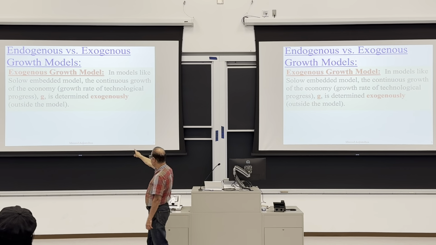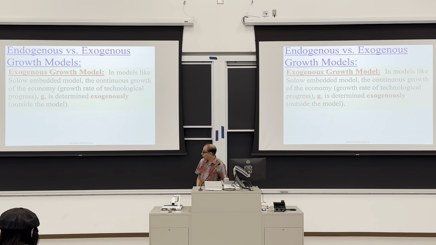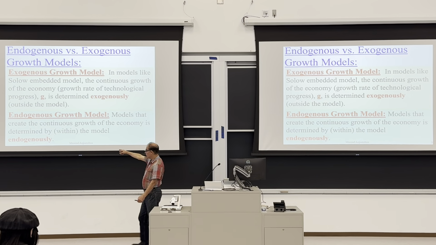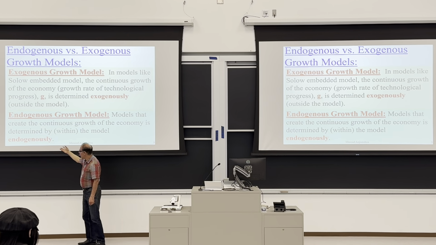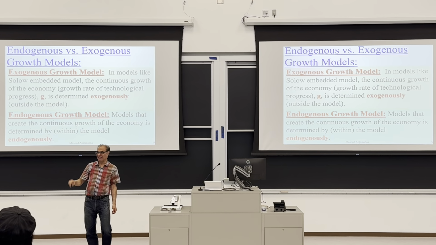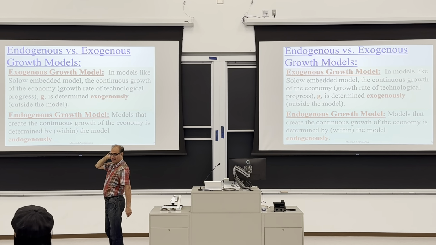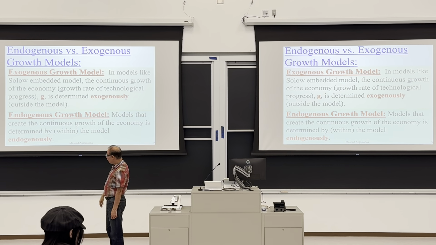God knows where G comes from, okay? But as I said, some economists said no. So they went after creating endogenous growth models. Endogenous growth models say technological progress must be created within the model. You cannot just simply assume it. Okay, can you see it? Endogenous, exogenous. Okay, of course this is hard.